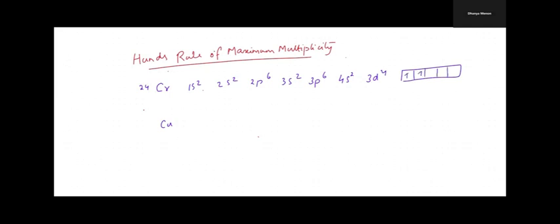Sometimes it happens that in order to get a stable configuration, the 3d becomes fully unpaired, like it will have 5 electrons, and instead this will have 4s1, because this type of configuration is considered to be highly stable.